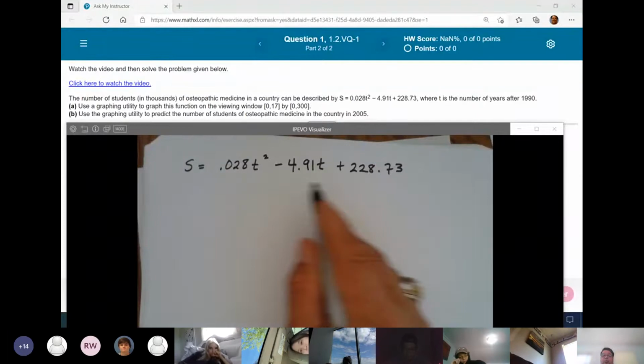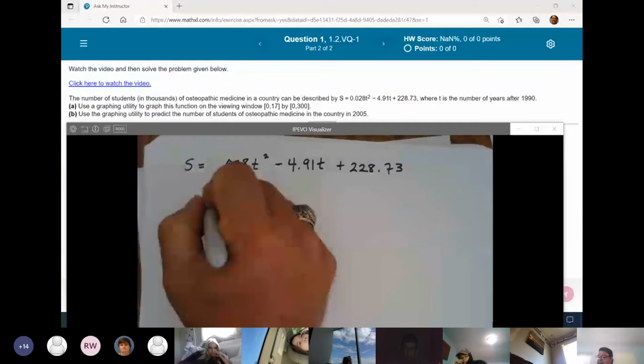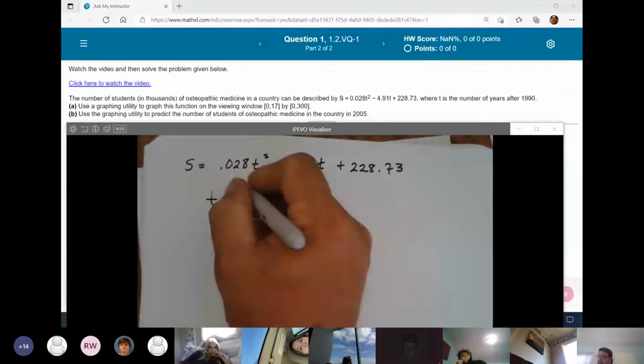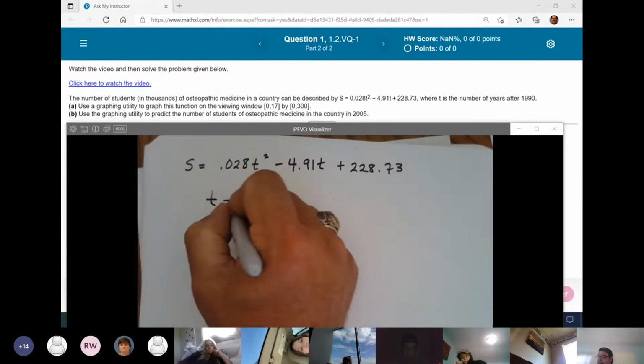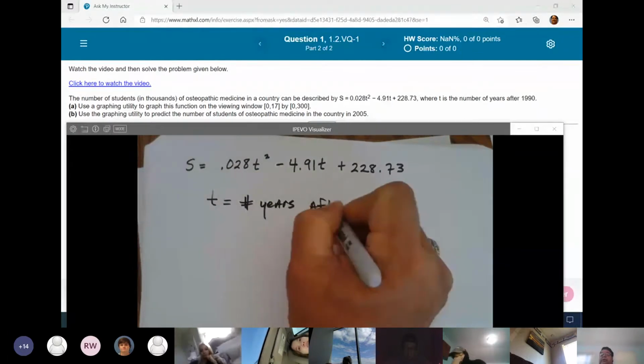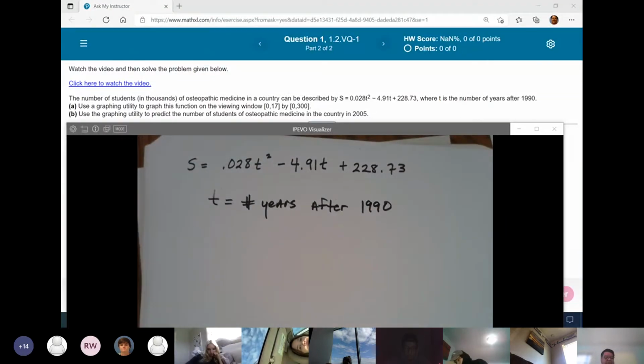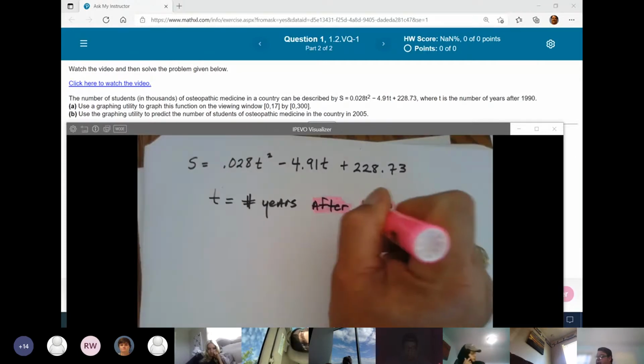So first of all, you need to type this in to your calculator, and remember that t is equal to the number of years after 1990. I'm going to highlight that because you have got to remember that. After 1990.